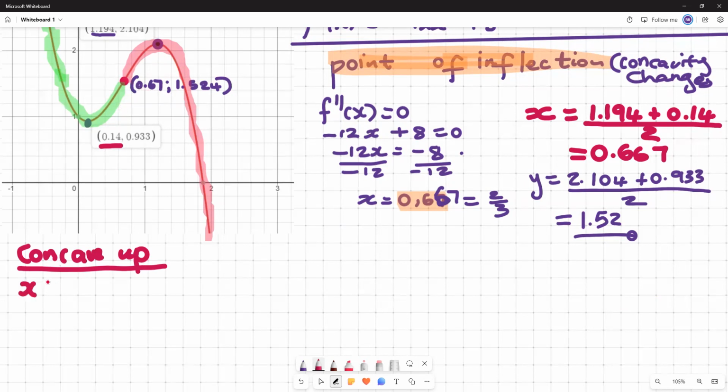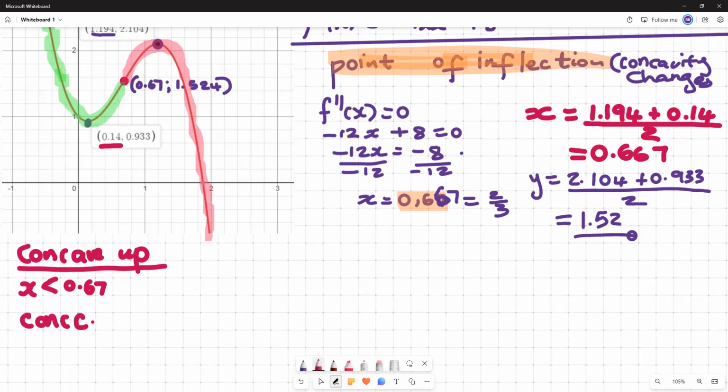So we are saying x must be less than 0.67. Do you get it? Perfect. And then for concave down it is just the opposite.